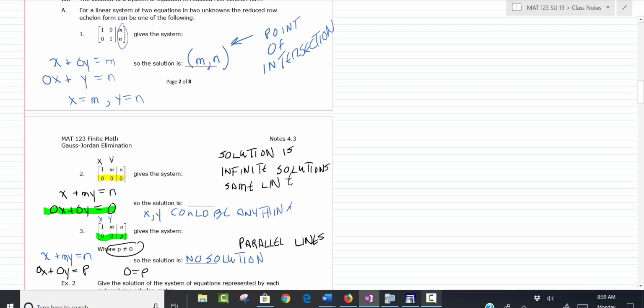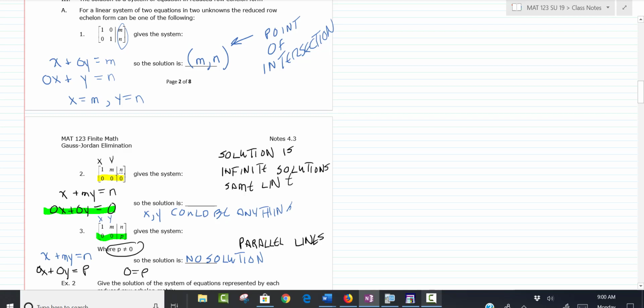All right, so just to summarize, these are the three key situations you'll see. If you have 1, 0, 0, 1, that means the two lines intersect in that point (m, n). This is what the system of equations is. You want to think about that. If you have a row of zeros, that means you have infinite solutions. And that just means if you graphed these two lines, it'd be the same line in your original system of equations.